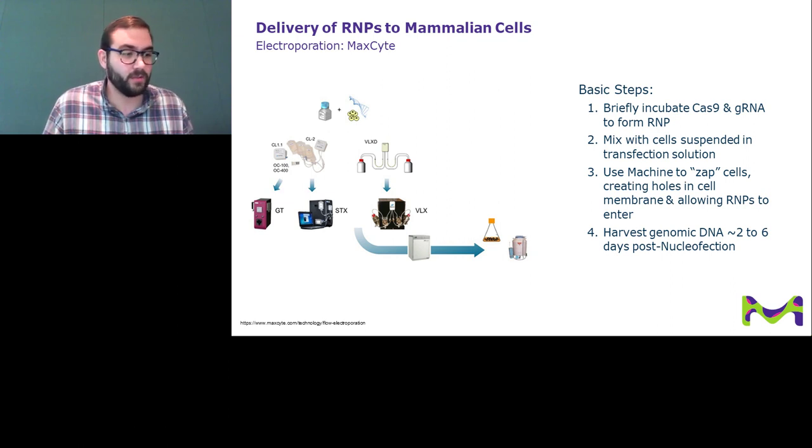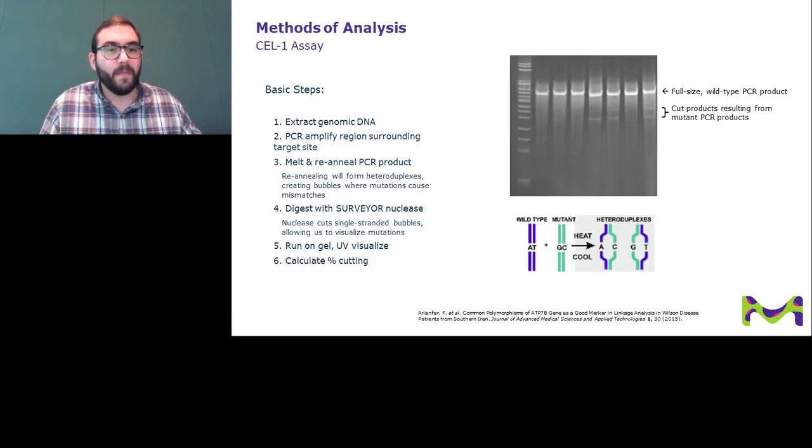Once we have this genomic DNA, we then needed to determine whether any editing took place. Historically, we have used the Cel-I Surveyor assay to determine CRISPR editing in cell lines. A brief run-through of this is that once you have the genomic DNA, you amplify a region surrounding the target site of interest via PCR. You then melt and re-anneal the PCR product, and by doing so, heteroduplexes will form, as diagrammed here.